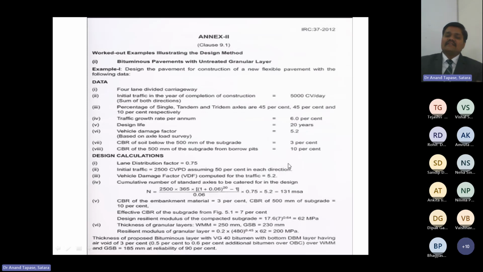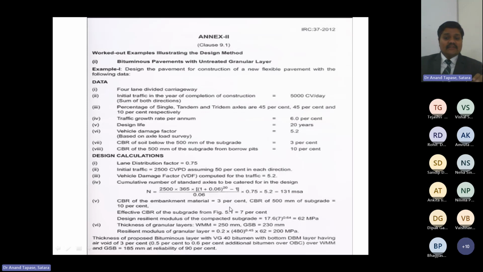When we are giving an example to our students, you can use this annexure 2 as a ready-made, tailor-made problem solving method. Here you can see the CBR value of the embankment material is 3%. If the design value is 3%, what will happen?